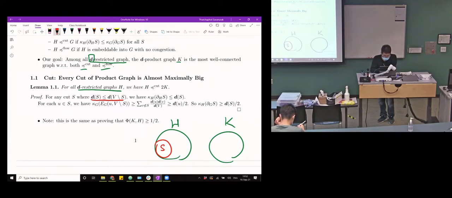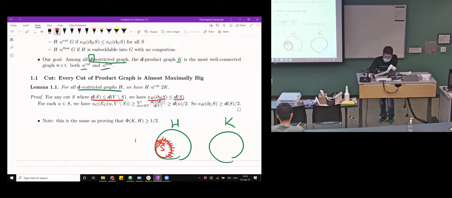First of all, we know that the cut size of H is at most d(S), because even the total volume is at most d(S).